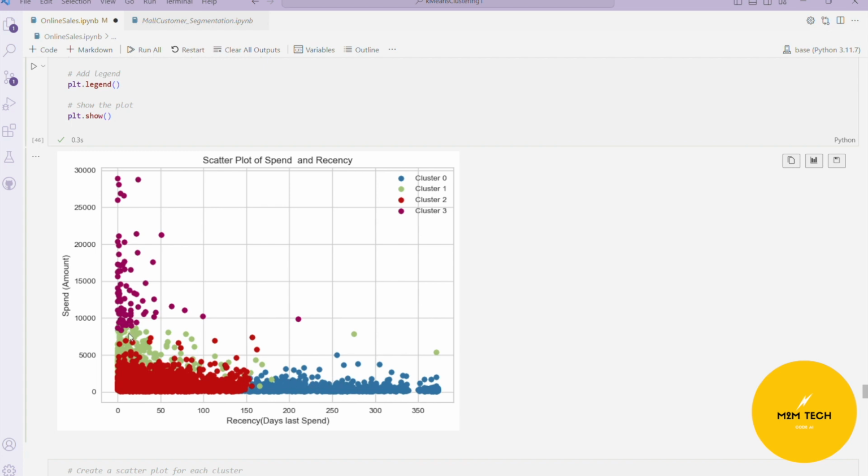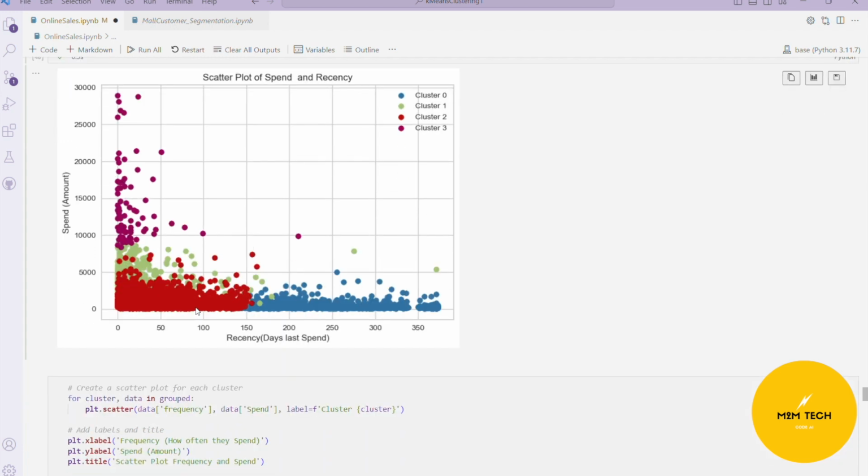Cluster 1, the green, some of them are here. Cluster 2, cluster 3. What this tells me already is that people in cluster 0 have not really spent in at least the last 150 days. In cluster 1, some of them have been spending in the last 100 days thereabout, but they've been spending very low. And cluster 2, it seemed like they are the good customers.